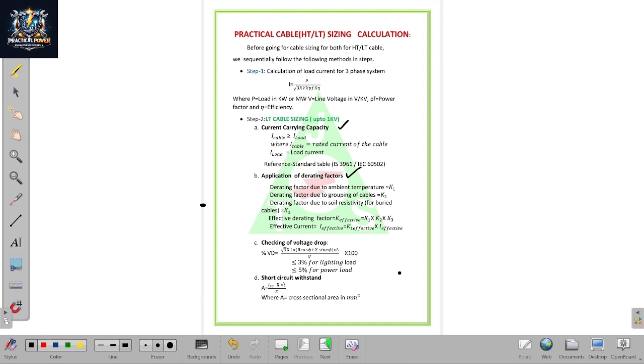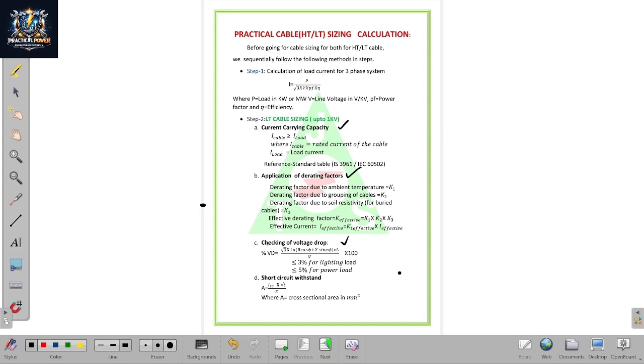To calculate the voltage drop, we apply this formula: root 3 I (r cos phi plus x sin phi), with resistance and reactance of the cable having length L, divided by the system voltage multiplied by 100.